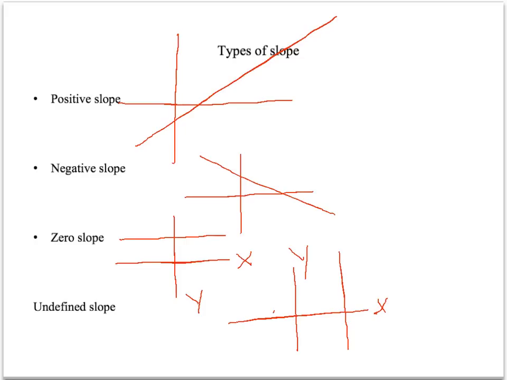Okay, a positive slope. Right here I have a point, and right here I have a point. Let's say my x value here is 10, and my y value is 7. Over here, my x value is 3, and my y value is 2. So let's find our slope.